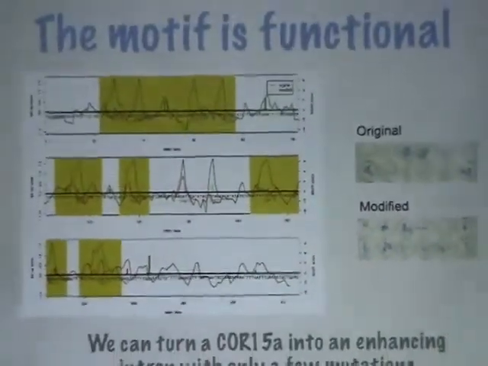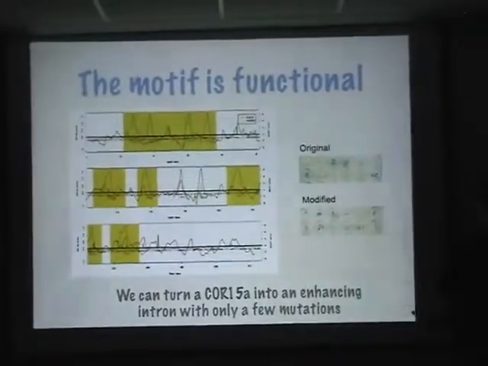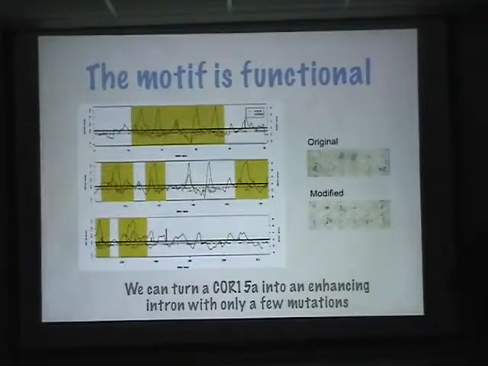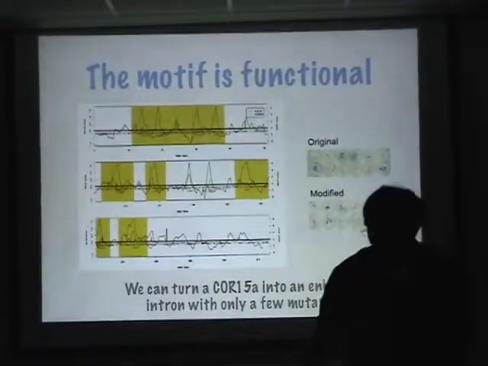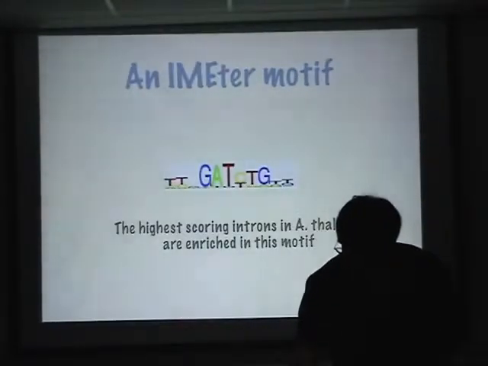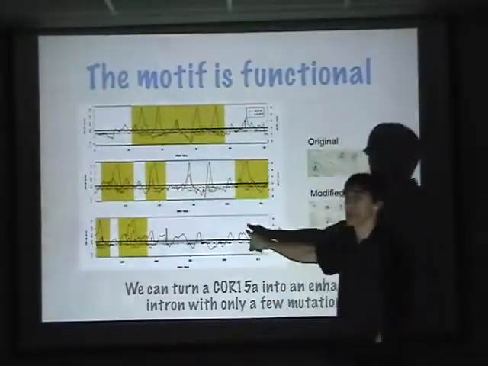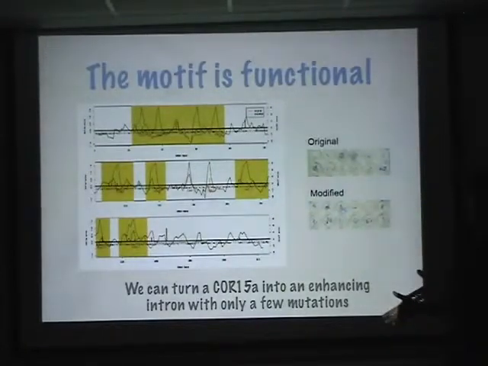So what we can do is say, what if we were to take that intron, core 15A, the one that didn't enhance expression at all, and edit it by putting that motif, that thing that I just showed you here. We're going to take this sequence, things like that, and put it into this sequence here that does not enhance expression at all, and see if it does.